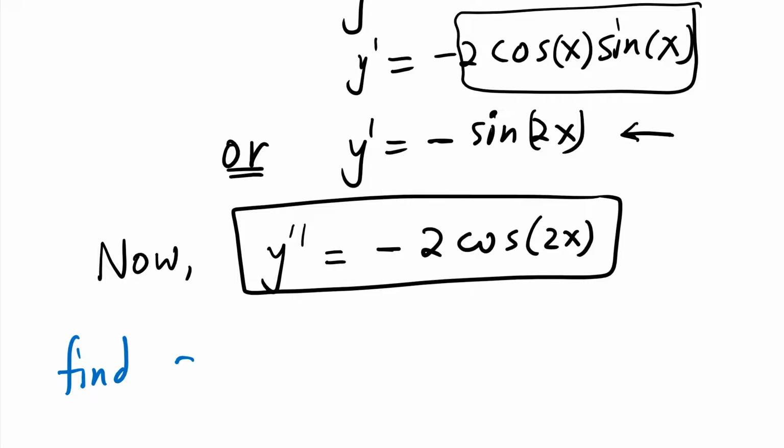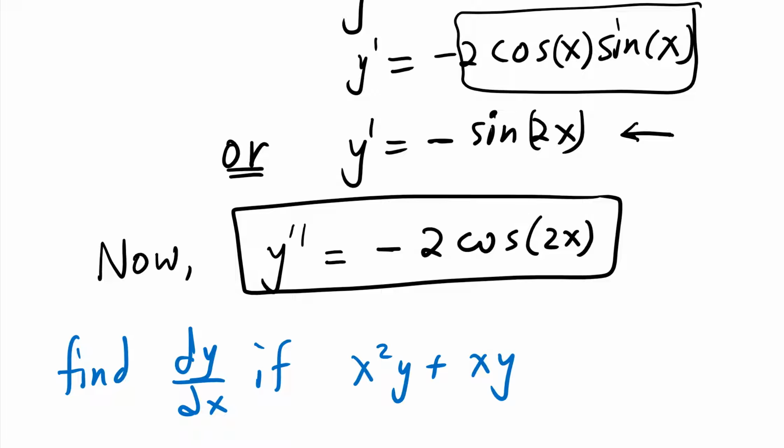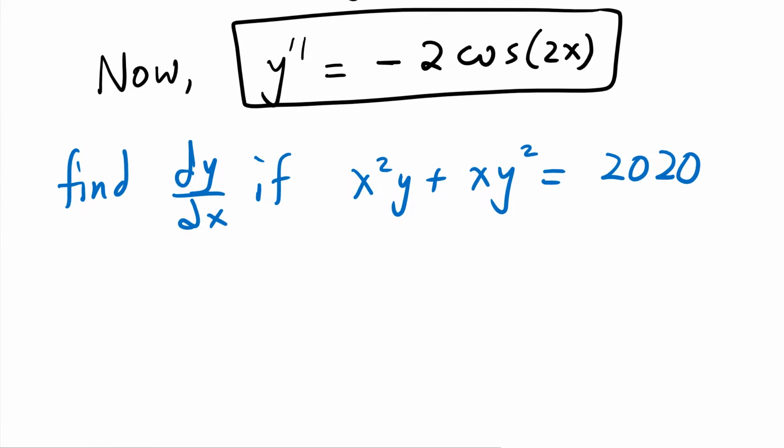Find the derivative dy dx if x squared y plus xy squared equals 2020. So this reminds us about implicit differentiation. And I'm going to use the product rule.